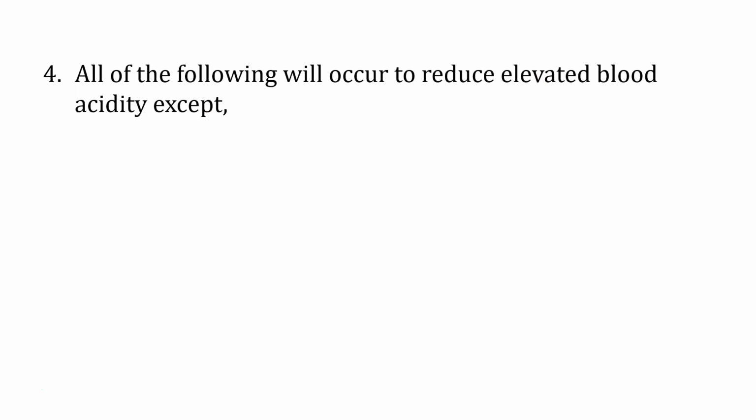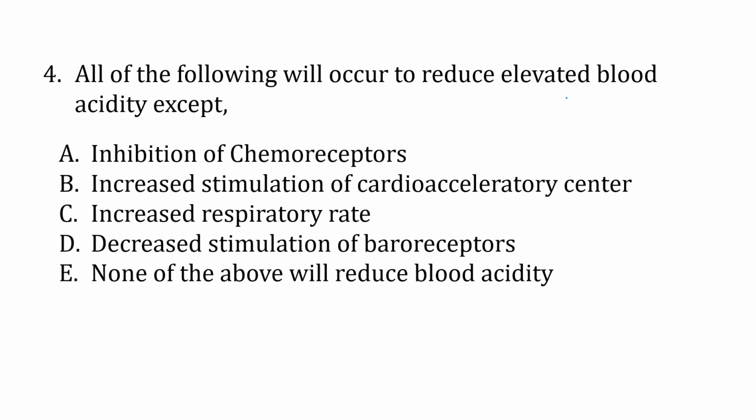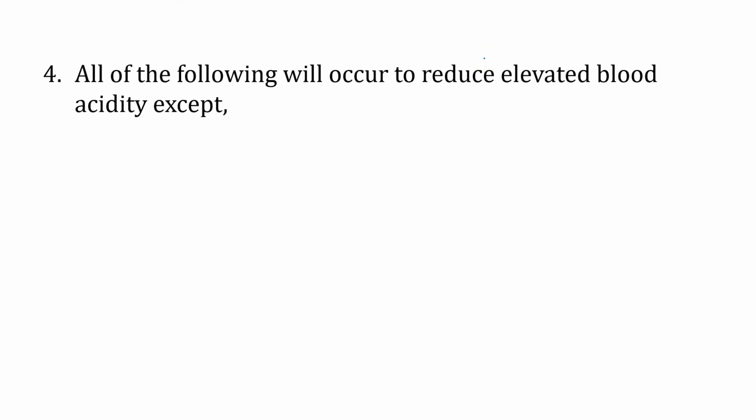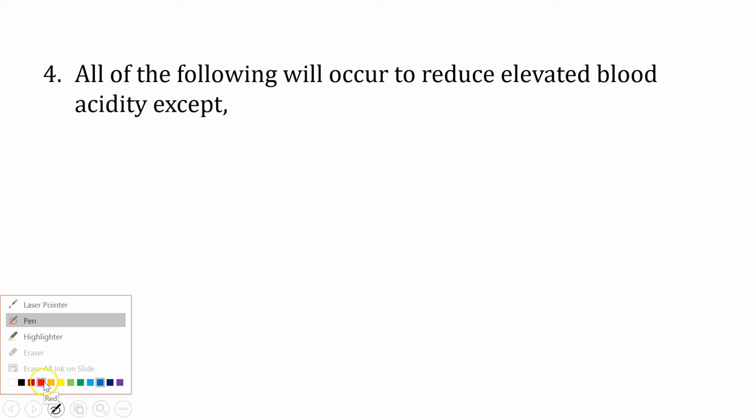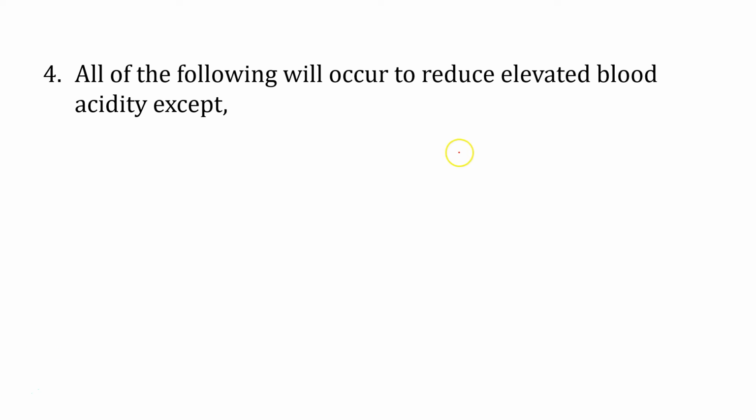And then lastly here, this blood acidity. On these regulatory mechanisms, we talked about both pH and blood pressure. Basically, when pH is elevated, what it means generally is that you have too much CO2 in the blood, or not enough oxygen.